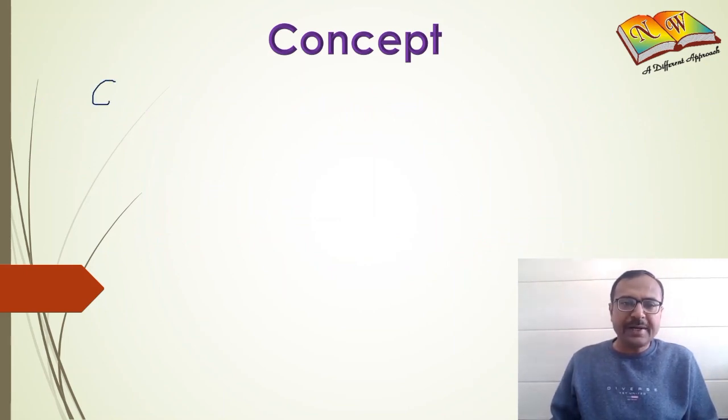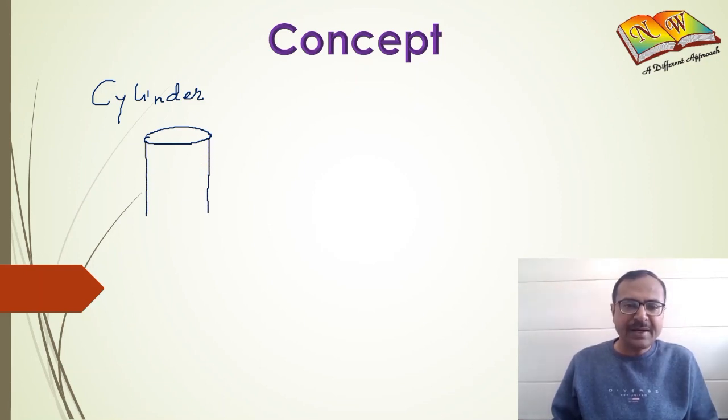You all know that a cylinder has two dimensions. So if I draw a rough cylinder here, the upper surface is circular, then we have the curved surface, and at the base also we have a circular plane.